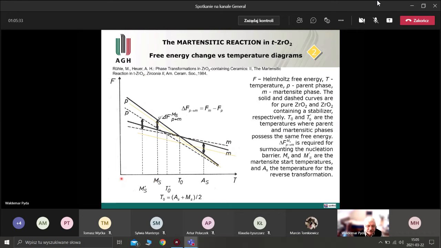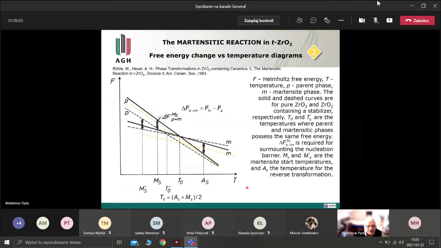But at this temperature, the martensite start temperature, the transformation will start each time independently of the cooling rate.